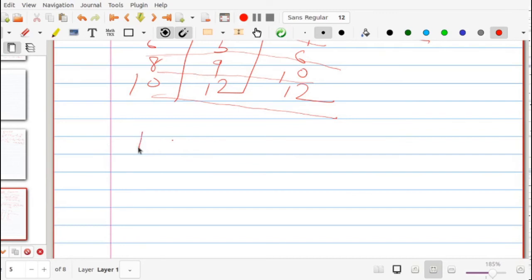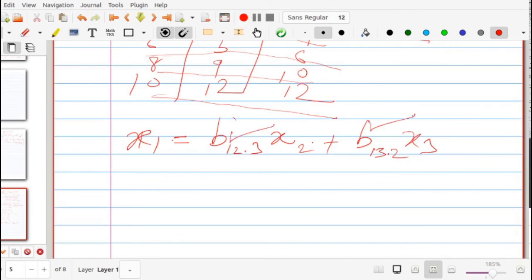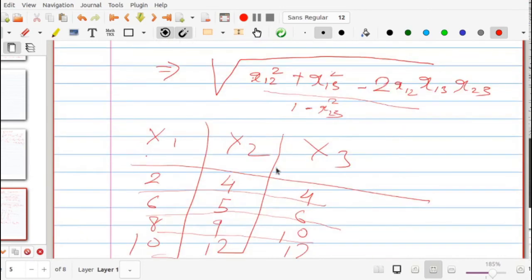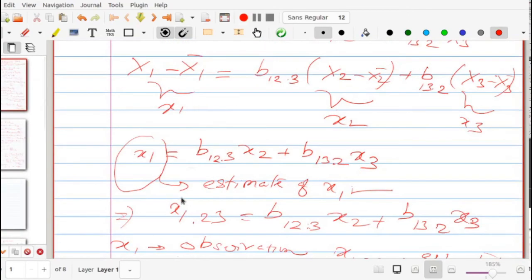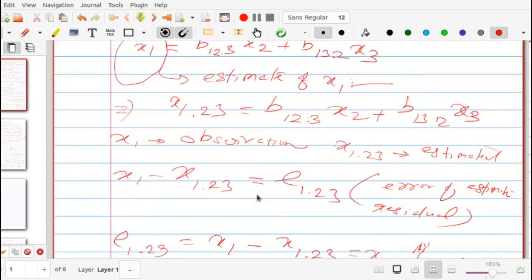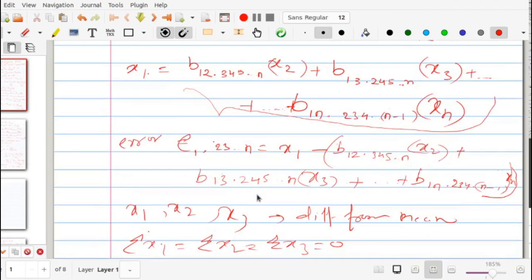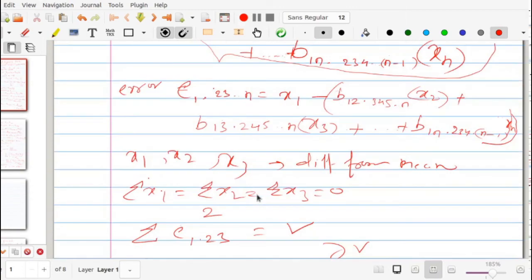The final equation, as we discussed, is small x1 is equal to coefficient of regression and the other coefficient of regression multiplied by this will be the final formula, right? So we need to find out this, we need to find out this. We have a formula that we derived in the first instance. See, we have the formula here. This is why I told you these formulas. This is the one.